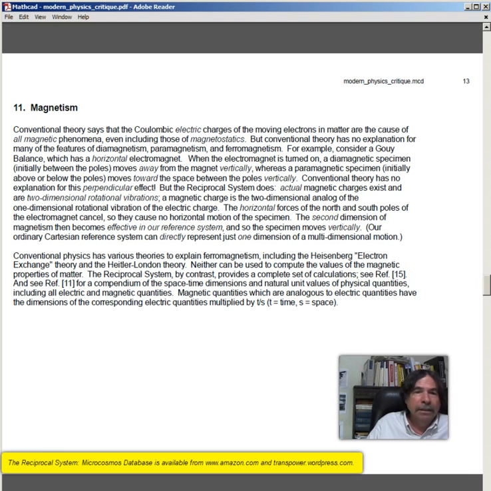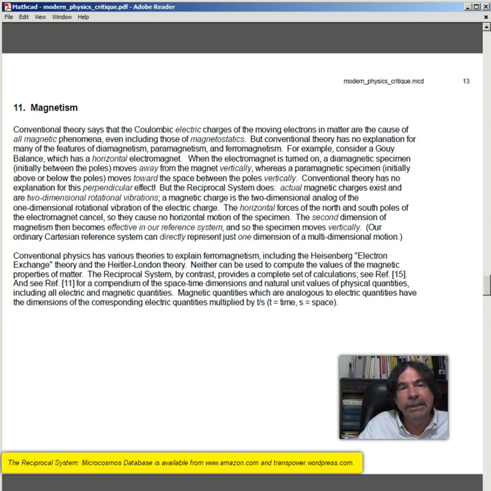For example, consider a GUI balance which has a horizontal electromagnet. When the electromagnet is turned on, a diamagnetic specimen, initially between the poles, moves away from the magnet vertically, whereas a paramagnetic specimen, initially above or below the poles, moves toward the space between the poles vertically.